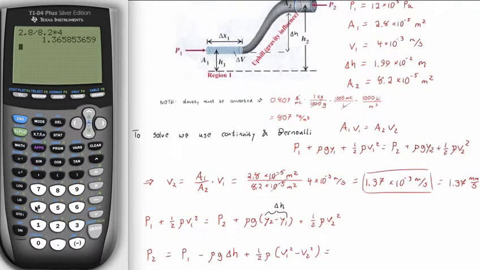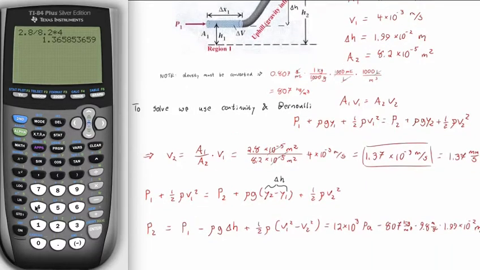So let's plug in our quantities here. P1 we have as 12 times 10 to the 3 pascals. We're going to use the density that we converted, 807 kilograms per cubic meter, times 9.8 meters per second squared. We'll plug in our delta H, 1.99 times 10 to the negative 2 meters. I'm going to move this down to another line so I can get it all in one line.